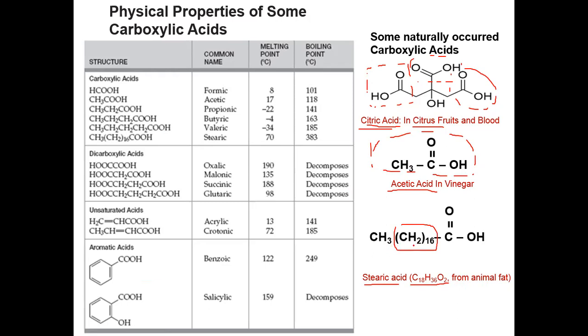It's just a huge acid from animal fat. And there are some properties of carboxylic acid. For example, formic acid, formica, comes from ants, the insect. It releases this formic acid, and the name comes from there.